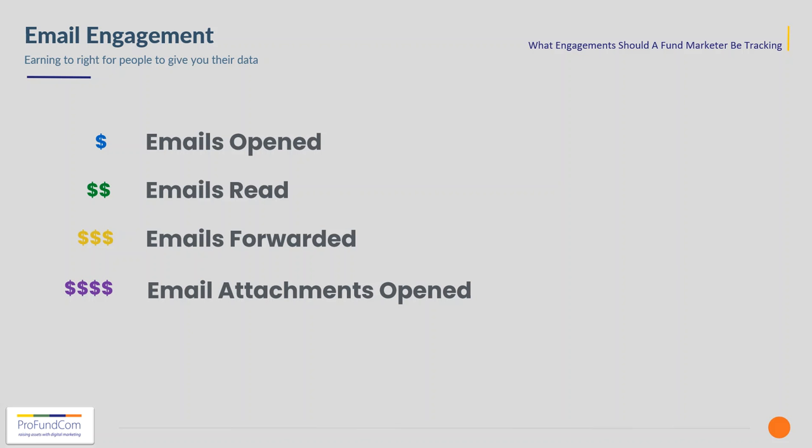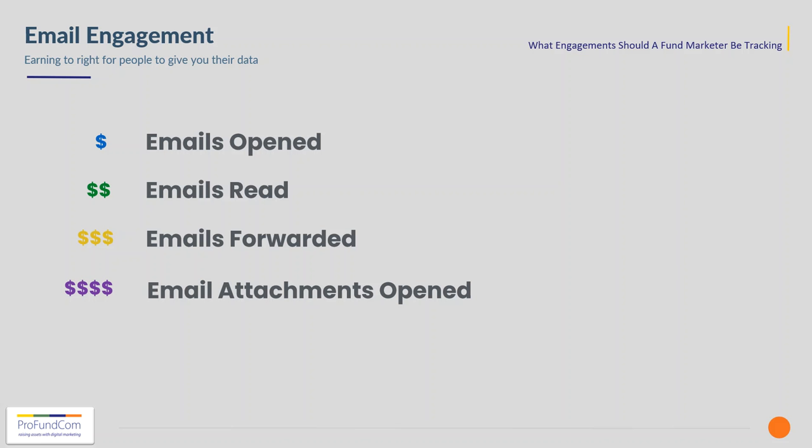So starting with emails opened and emails read, they are reasonably useful to have, but actually knowing who's forwarding your emails and opening attachments such as fact sheets or market commentary or research that you're sending out has much more value.